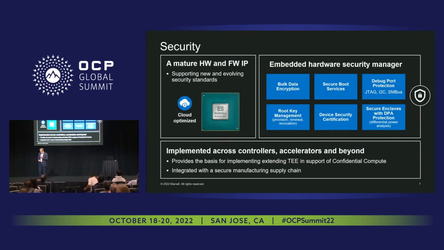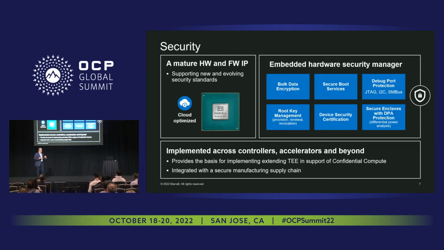So let's talk about the security aspect. What we're hearing from our customers is that this is becoming one of their dominant concerns in the data center. And so whenever you look at the different types of ransomware and the hacking that goes on, there's a big concern around it.